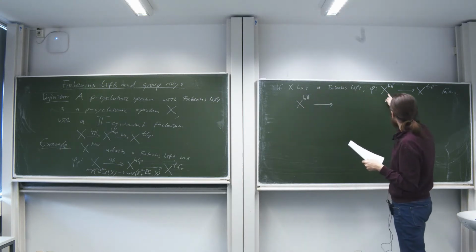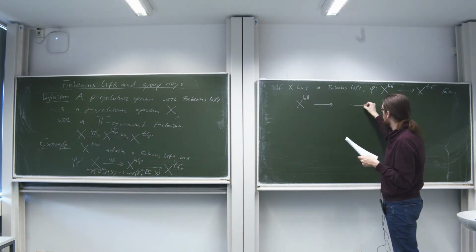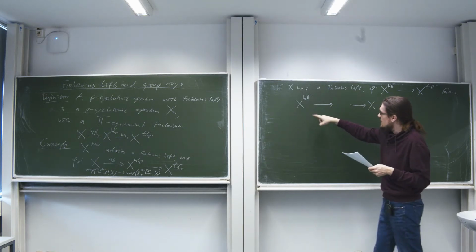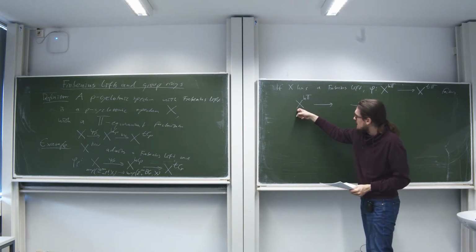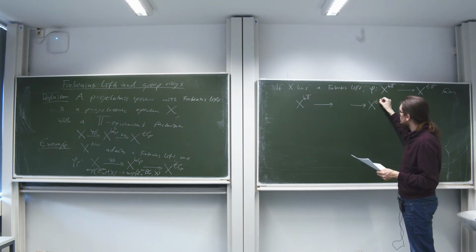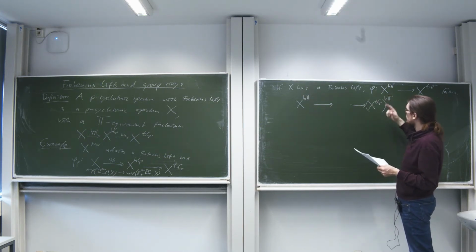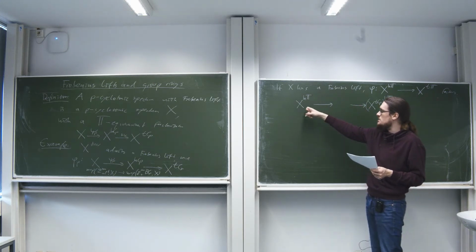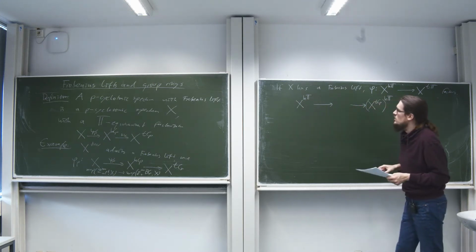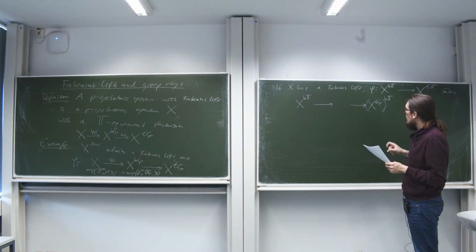remember how this map works. This map worked by taking the Frobenius from X to X upper Tate Cp, and then applying homotopy fixed points with respect to the T action to both sides.